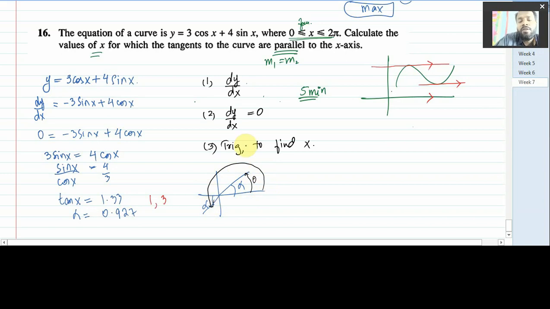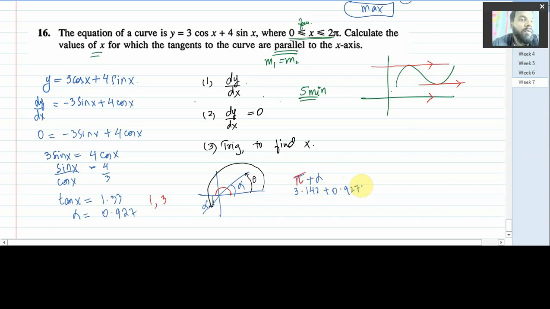So for the third quadrant, what I need to do is very simple. I need to add pi, because from the first quadrant to the third, the angle is pi, 180 degrees, and I need to add the value of alpha to find theta in the third quadrant. Pi is 3.142 plus alpha we found, 0.927.